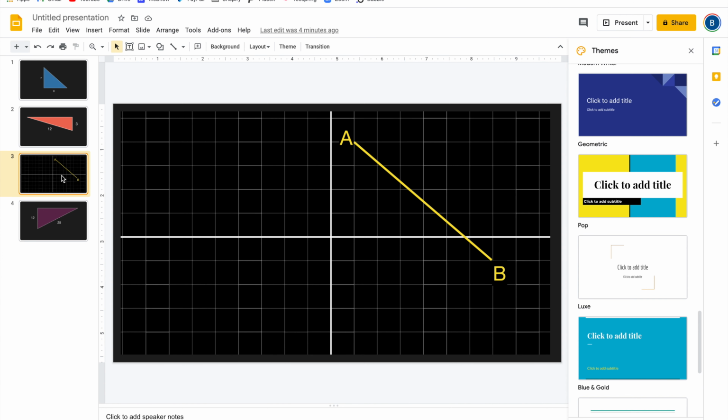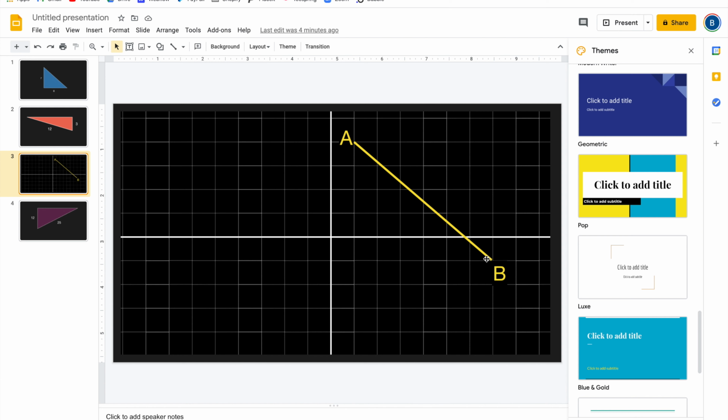Let's try another one. These ones are a little trickier because it doesn't give you a full-on triangle, just a straight line, and you need to find the distance from A to B. But if you look at this, it's just the hypotenuse of a triangle if you were to count down the sides here and over here. So let's go ahead and do that. 1, 2, 3, 4, 5 down, and 1, 2, 3, 4, 5, 6 over.